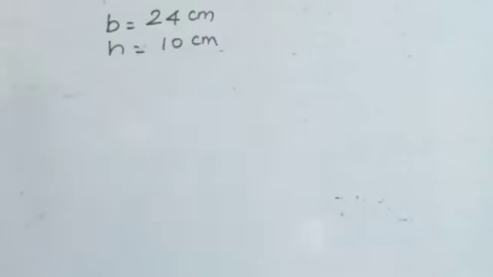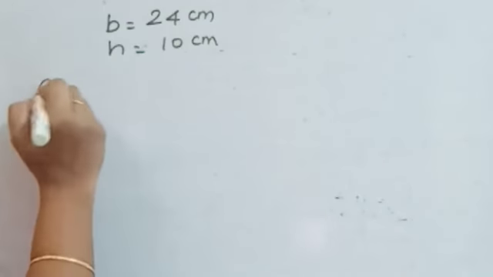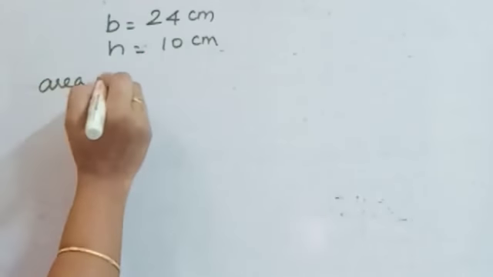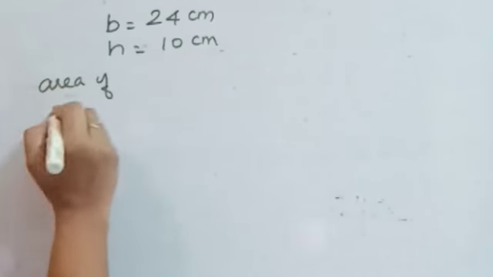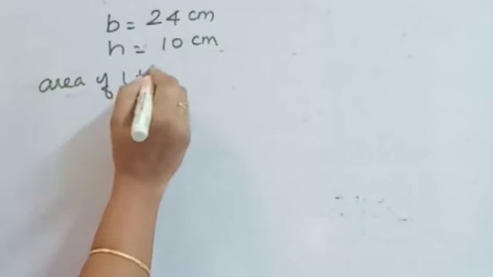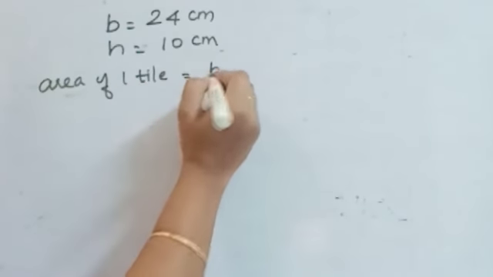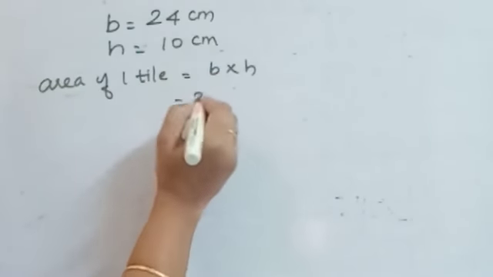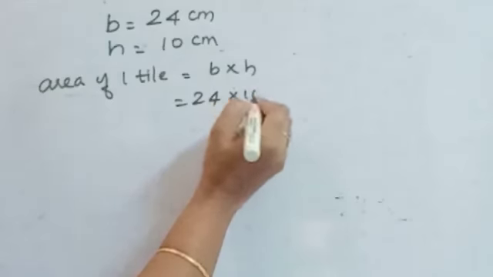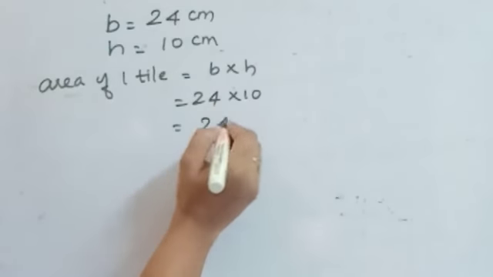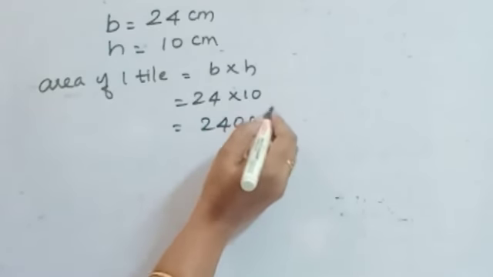So here we want to find the area of one tile. Since it is in the shape of a parallelogram, we have to use the formula base into height. So here it is 24 into 10, and that is 240 centimeter square.